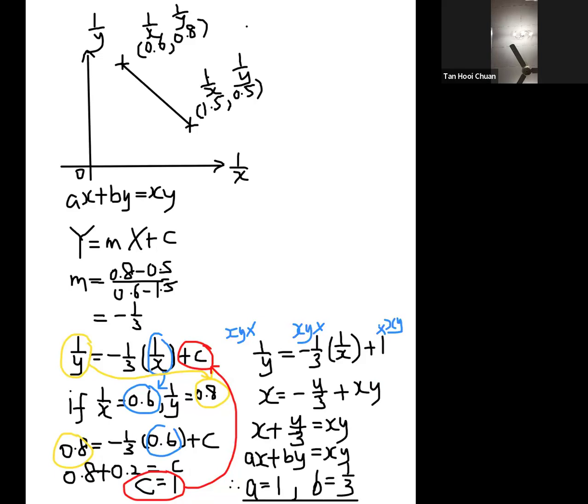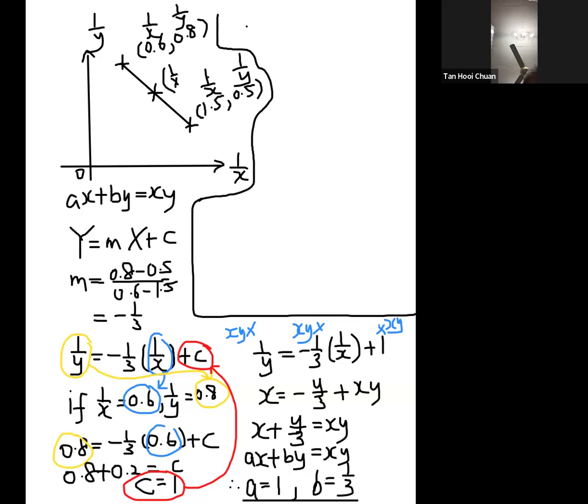Any questions? So this one you use y equal to mx plus c to find the equation, but now you are add math students. Actually, in the next chapter, chapter 7, we have a faster way to find the equation of the straight line. The method is we take one of the points here. We assume that this is 1 over x, 1 over y, or gradient x, gradient y.